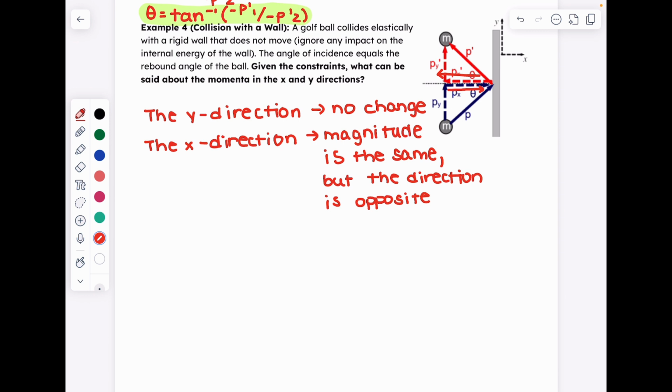And that's all they're really asking you to understand about these diagrams here. So you will say that in the y direction there is no change, but in the x direction there is a change.